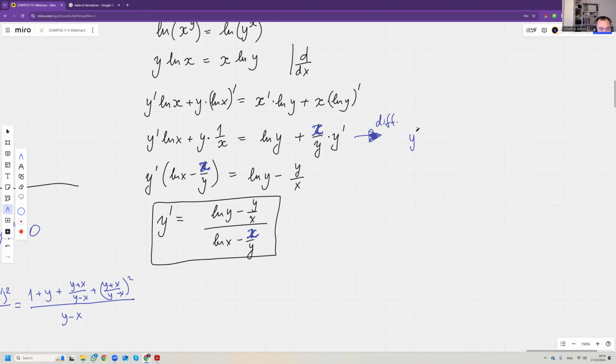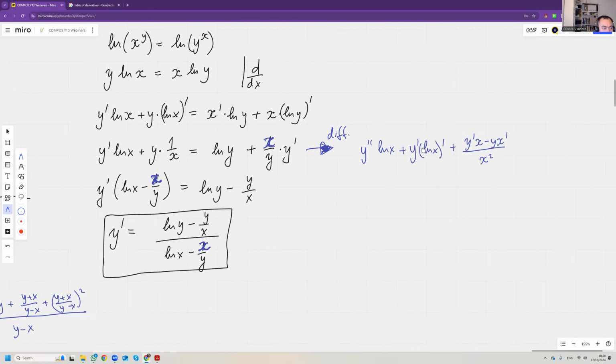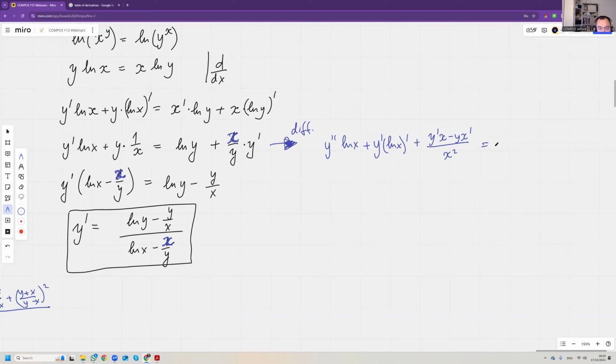that's going to be y double prime ln x plus y prime ln x prime. That's a product rule. Plus, you can use the quotient rule here. So y prime x minus y x prime over x squared equals ln y.